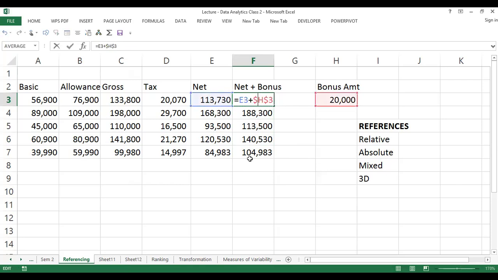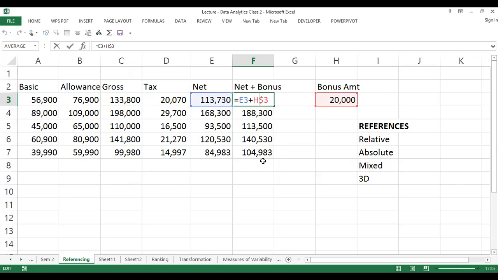Okay, we remove this first $ sign. This is mixed addressing because the H is relative, but the 3 is absolute. It will still give you the correct answer. Mixed referencing, yes.